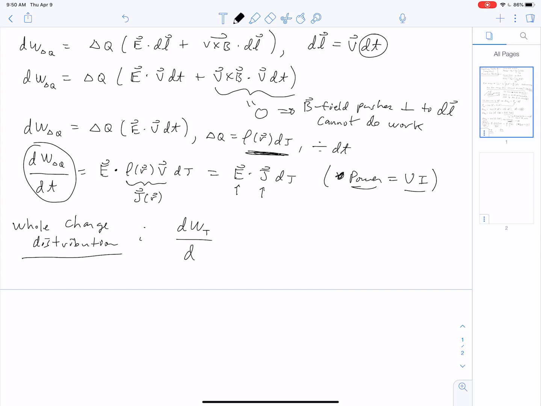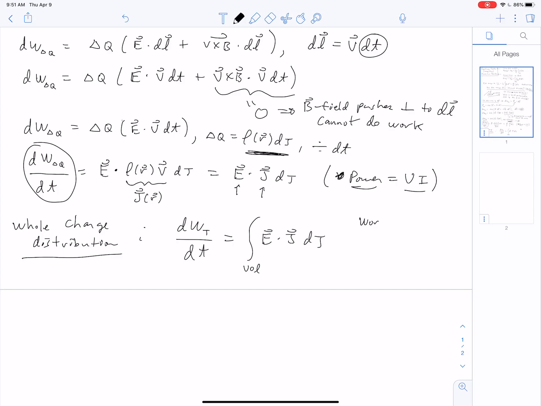So the work being done on the entire charge distribution, to get that, I just have to integrate. I'm going to integrate this expression over the volume of the charge distribution, and it'll be the integral of E dot J d tau. And so that's the total amount of work being done.